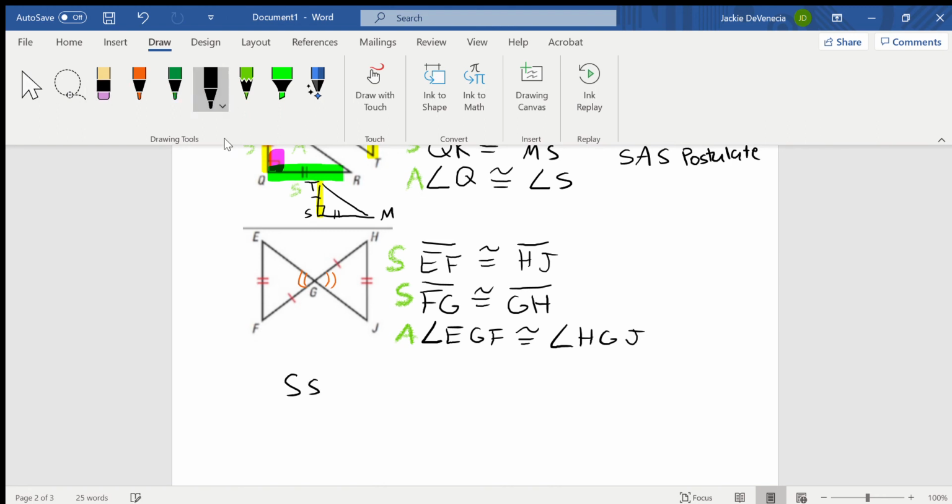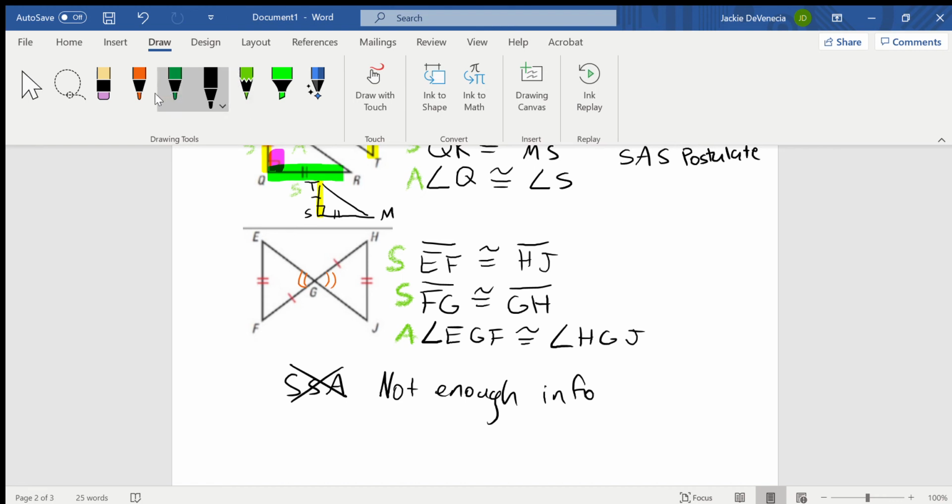Side-side angle is not one of the postulates we learned about, right? We can't have two sides together with an angle not in between it. So what we're going to say here is not enough info. And we'll just leave it at that. We can't say that they're congruent because of the way everything was placed.